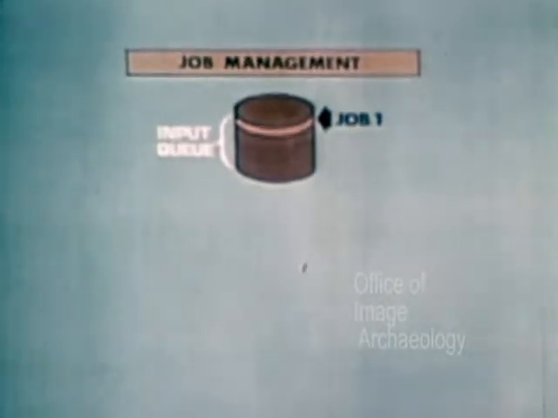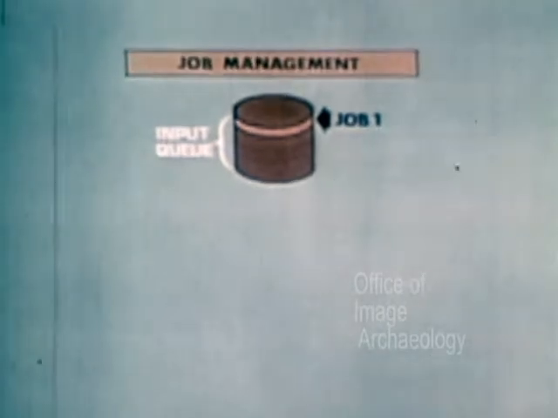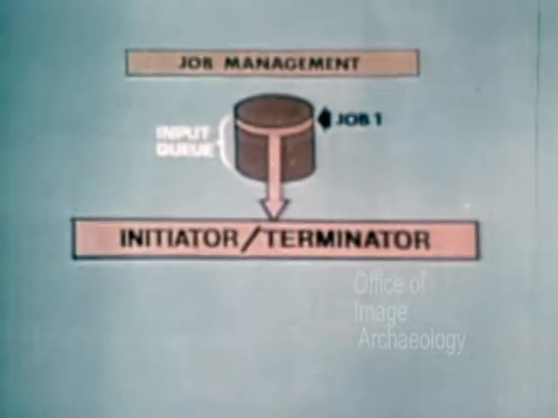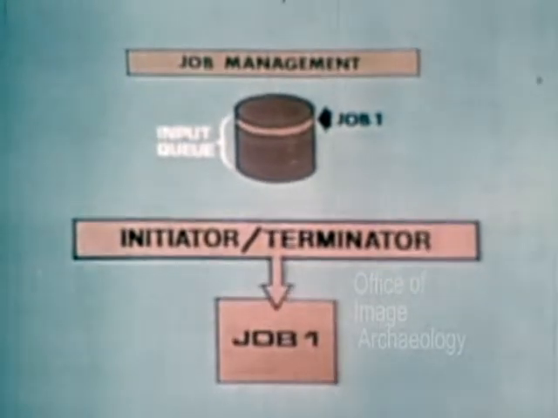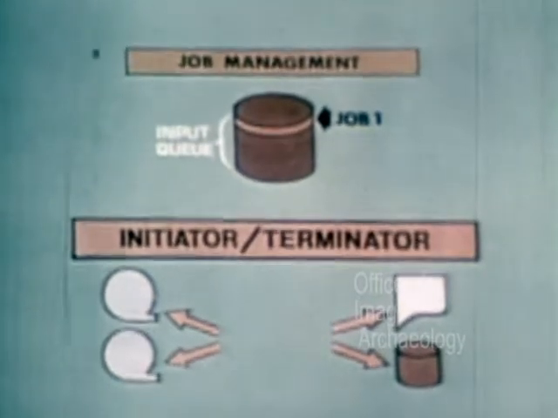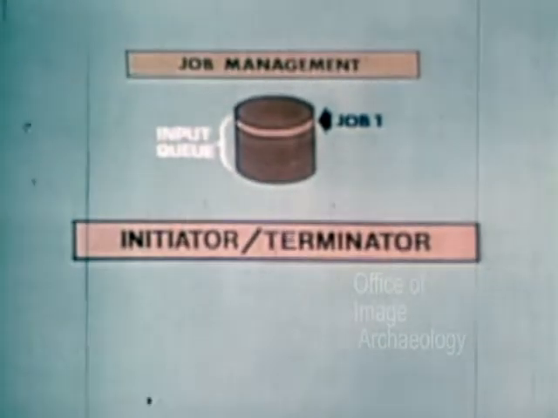Another facility, usually provided by job management, is an initiator-terminator, which reads job control data from the input queue and allocates resources such as input-output devices. When no longer needed, these resources are returned to the system by the terminator.